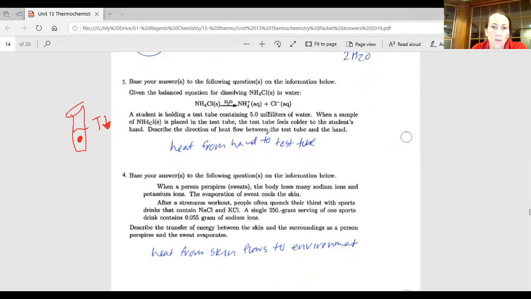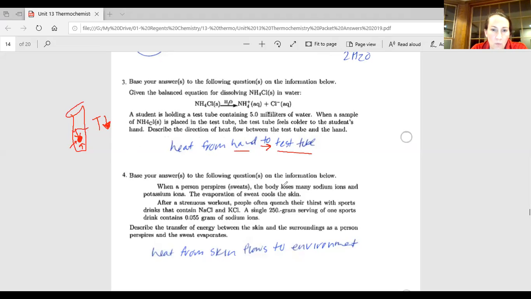Describe the direction of heat flow between the test tube and the hand. So since the temperature of the water is going down, the heat is flowing in to the salt, making it an endothermic reaction. And it's making your hand feel cold. So the heat from your hand is going to the test tube, okay? And that's why it feels cold.